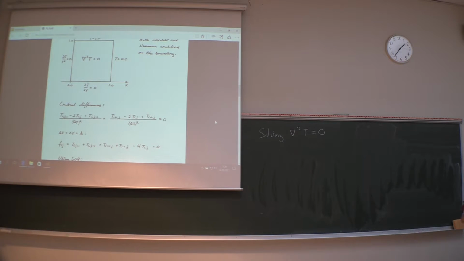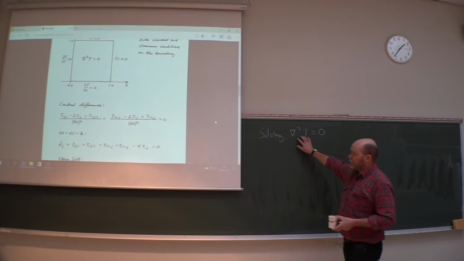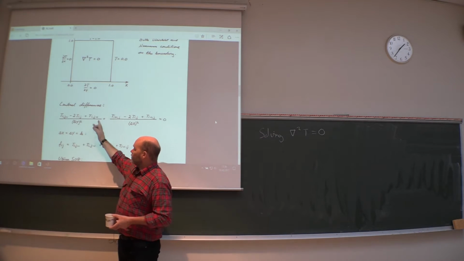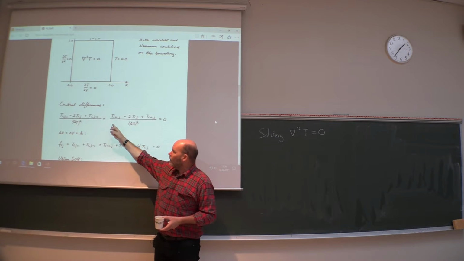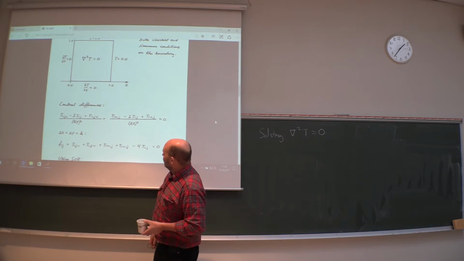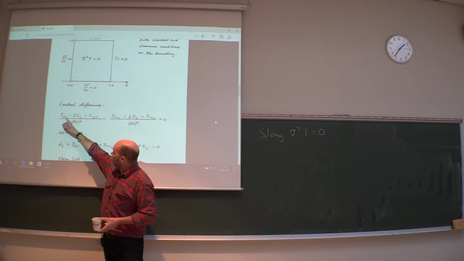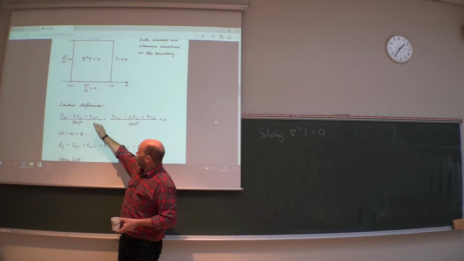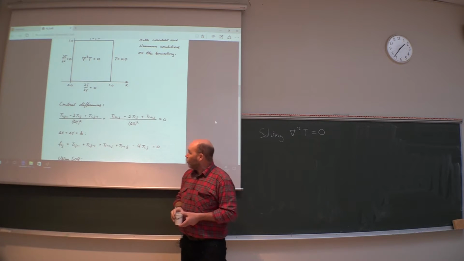The equation, writing this one out in two dimensions, will read something like this. Central differencing, second order accurate. So here you will have the y direction, j plus 1 minus 2 center point plus j minus 1 divided by delta y square.